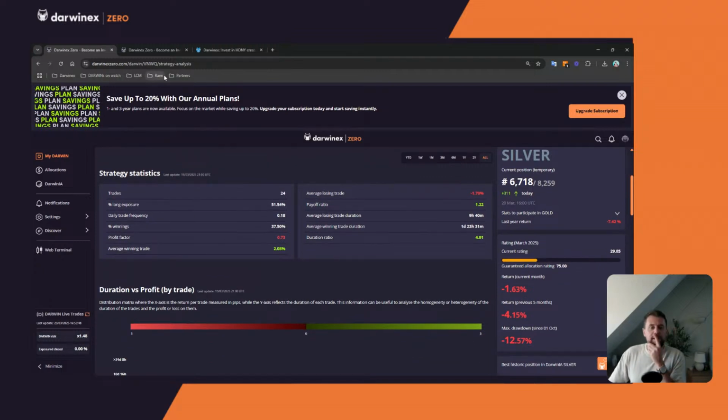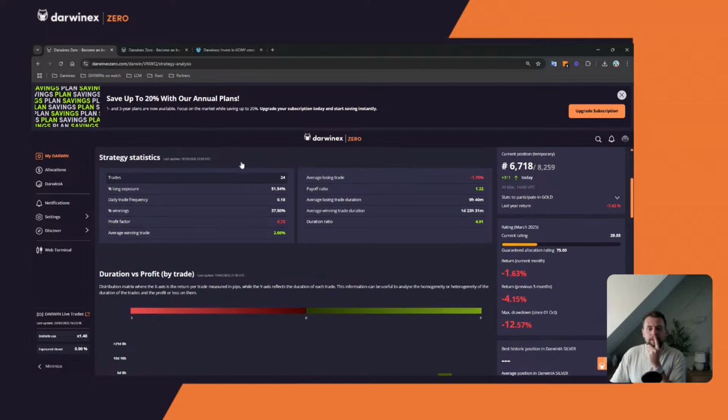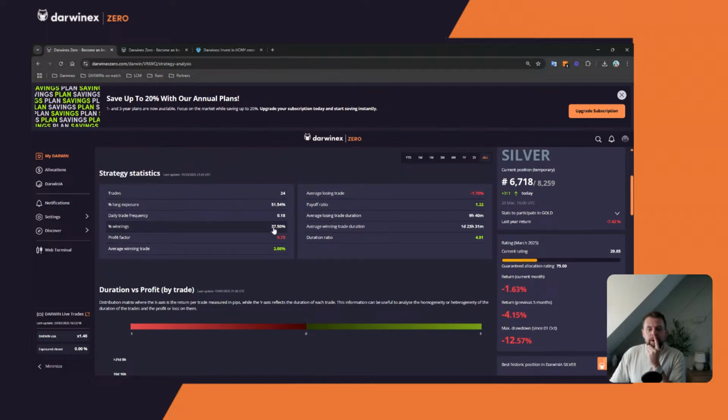So we're just jumping back to unscripted Darwin, VWNQ now. We can see they've got 24 trades, combined 37.5% win rate. So again, it'd be great to get that up to 50% at least before we start looking at individual trades. What's good is you do have a positive payoff ratio, which is basically a risk to reward of 1.2.